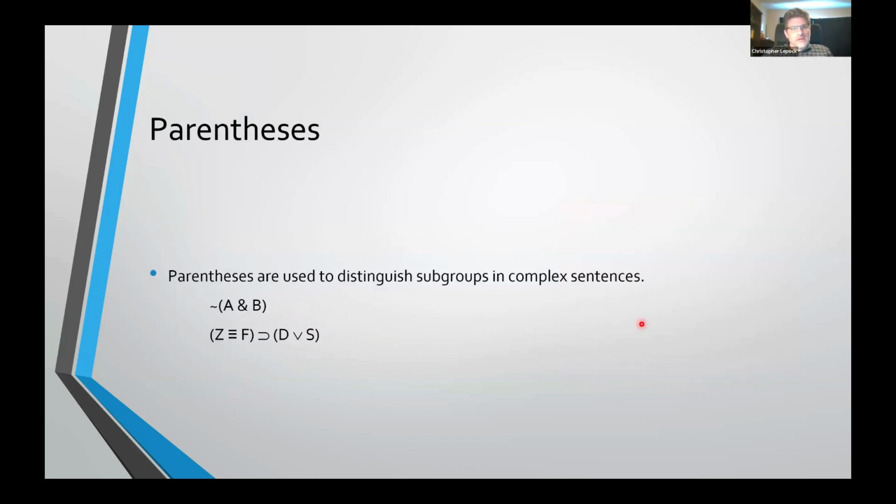The last component in SL are the parentheses. The parentheses take complex sentences and indicate how things are grouped, so they distinguish the subgroups. Here the parentheses tell you that this tilde applies to that entire subgroup there. Here the parentheses tell you that these are grouped together.